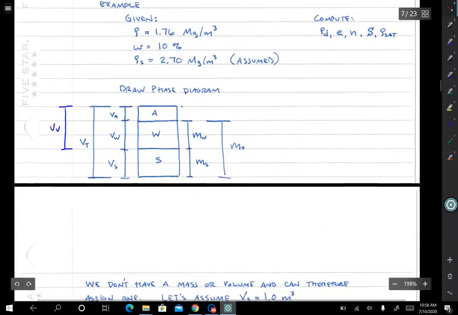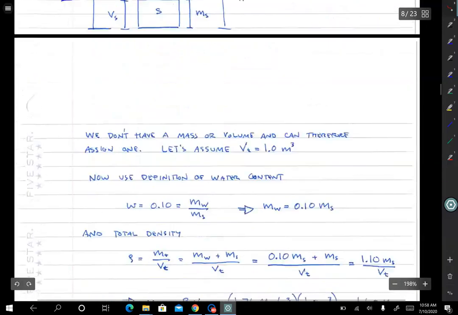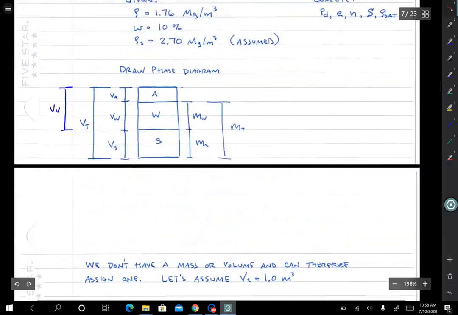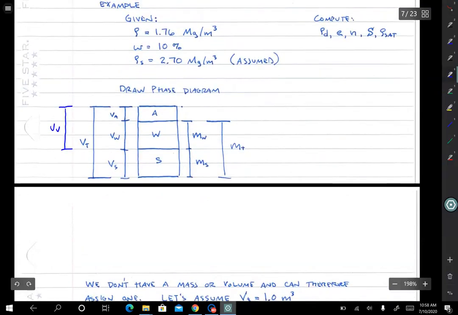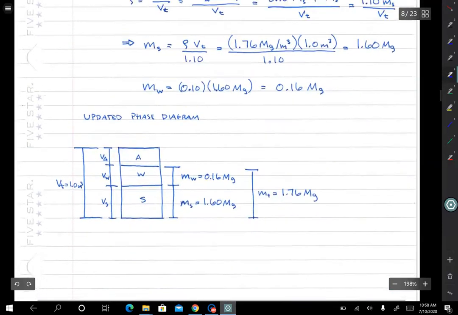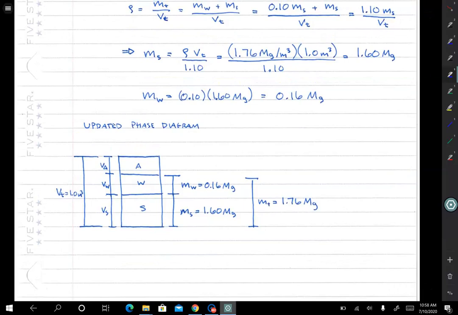So now if we go up here, we can write in 1.6 megagrams here. I didn't really leave enough space. I think I have another one down here, yeah. Okay, so down here I've written in the mass of solids is 1.6 megagrams, so we're starting to fill out our phase diagram.